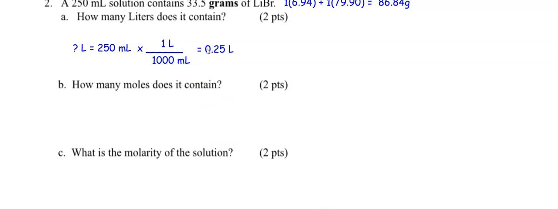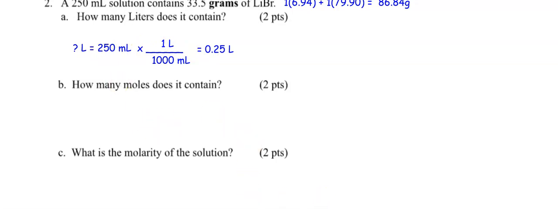Now, normally if I'm given milliliters, I just divide by 1,000. I thought I'd show you the factor labeling way to prove to you that all I'm doing is taking 250 divided by 1,000, okay? And so this should make sense because if you notice, the bigger unit liter gets the smaller number, 0.25. The smaller unit milliliters gets the larger number, 250.